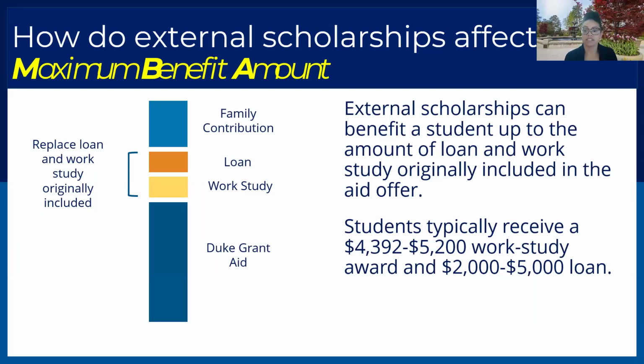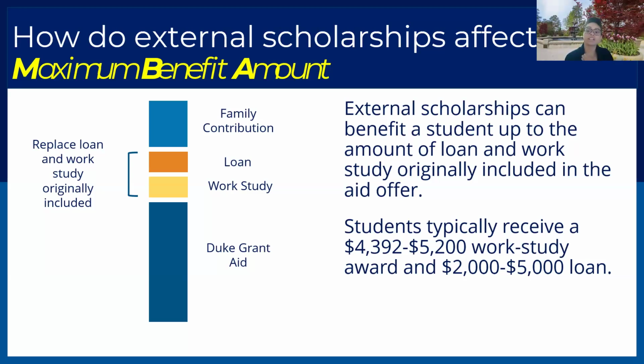I just gave two figures because that's typical for an incoming student. Typically, your work study is around $4,800 and your student loan may be $5,000. So what's that total? That's $9,800 that you can replace with outside scholarships.